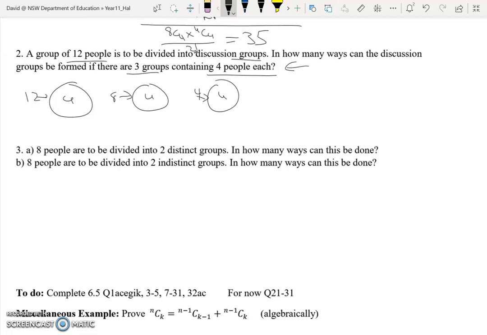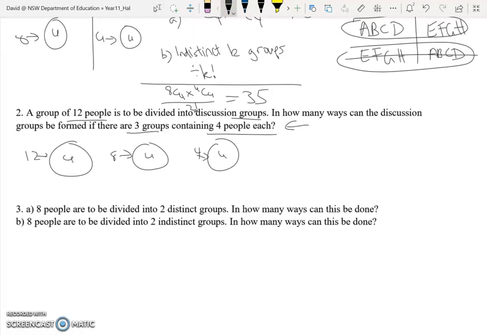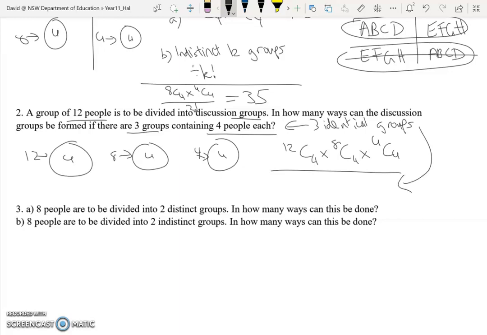But you'll notice that there's nothing that distinguishes the 3 groups. So let's have a think. We can do 12C4 times 8C4 times 4C4, but we've got 3 identical groups, which tells us that we need to divide by 3 factorial.